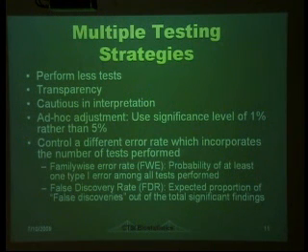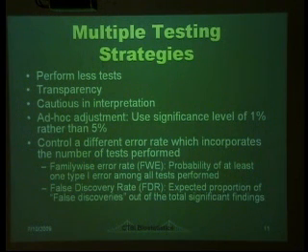When you're doing lots of tests, there are two criteria that are fairly standard in the literature for accounting for multiple testing. One is the family-wise error rate, which is the chance that you make at least one type 1 error among all the tests that are performed. So it's basically penalizing you for any mistake, any type 1 error that you make across all of the tests. And the other one is called the false discovery rate.